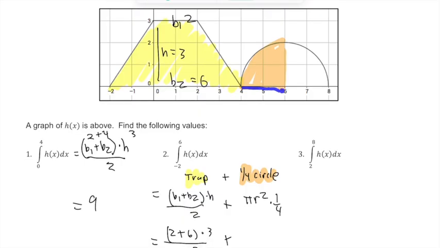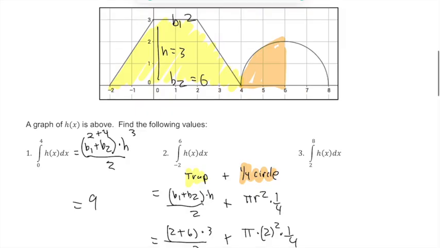And then the radius of my circle is going to be 2. And then if I do this, I'm going to get 4 pi, and then divided by 4, which cancels out. So this is just going to be pi. And so my final answer is going to be 12 plus pi. Again, the 12 comes from the trapezoid, pi comes from the quarter circle.